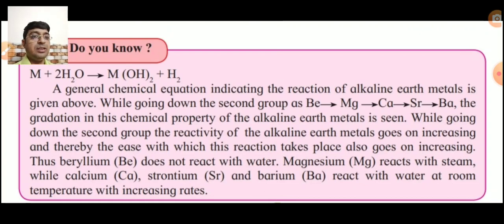A gradation in the chemical property of the alkaline earth metals is seen. While going down the second group, the reactivity of the alkaline earth metals goes on increasing, and thereby the ease with which this reaction takes place also goes on increasing.